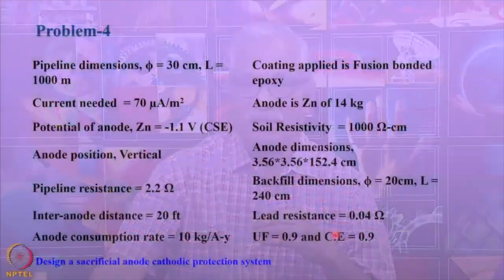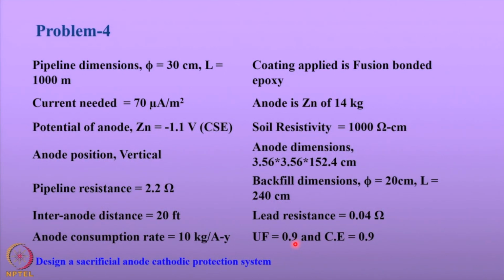In this case, the utility factor is 0.9, that is, when 90% of the anode is consumed, we may have to replace it with a new anode. The current efficiency of the zinc anode is 90%, which is 0.9 fraction. So, given these parameters, we need to establish a cathodic protection system using zinc as a sacrificial anode.